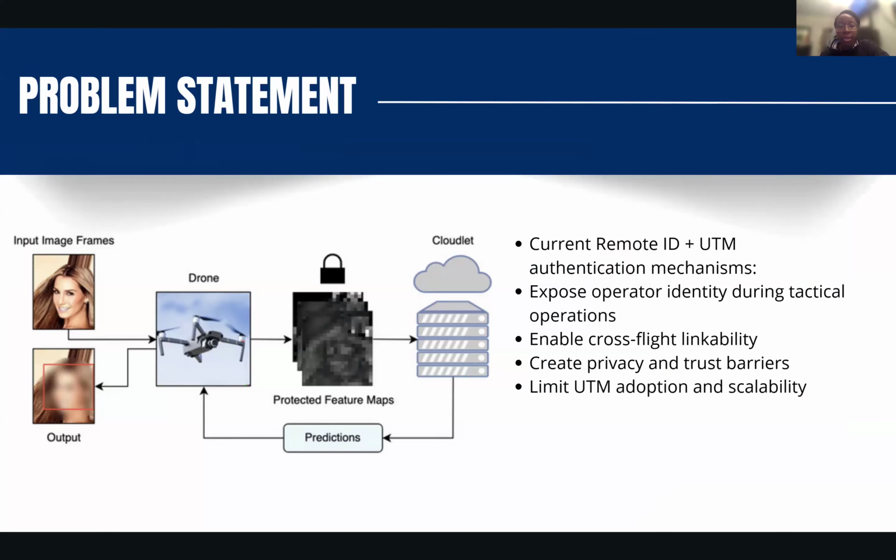That means the operator's identity can be exposed during sensitive or tactical missions. Flights over time can be easily linked back to the same person or company. This creates privacy and trust barriers, and it ultimately slows down UTM adoption and scalability. So the core problem is that our current authentication mechanisms reveal more about operators and their missions than is actually needed for safety.